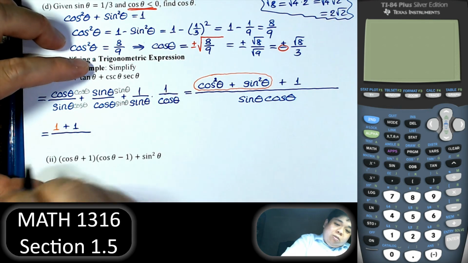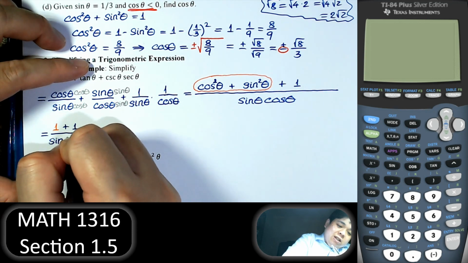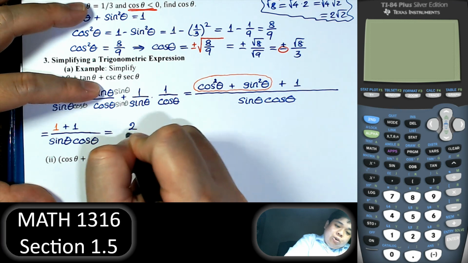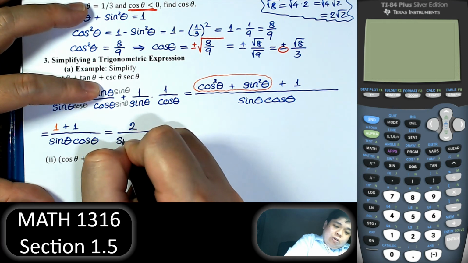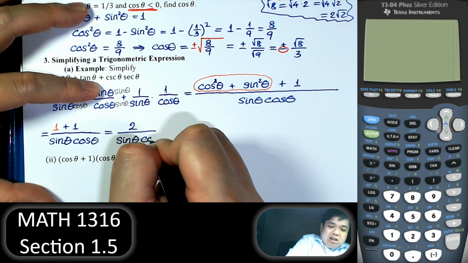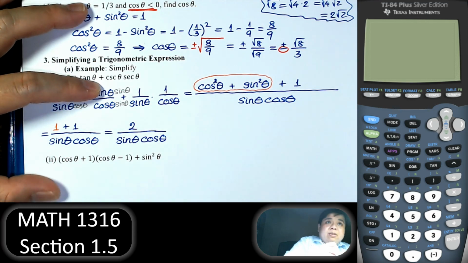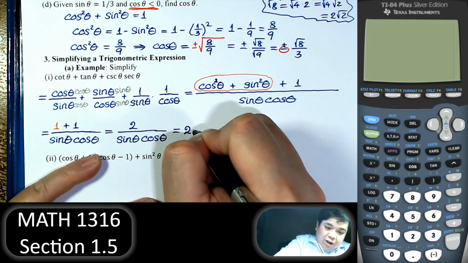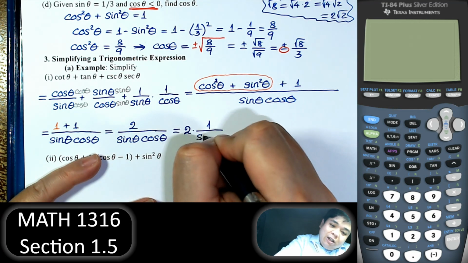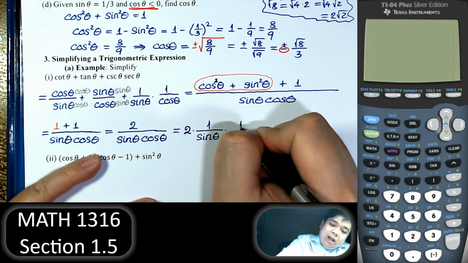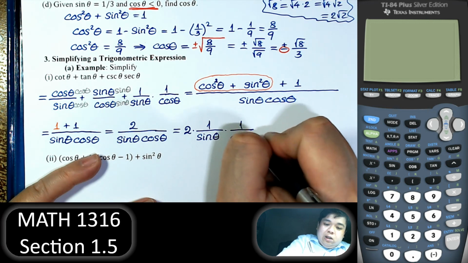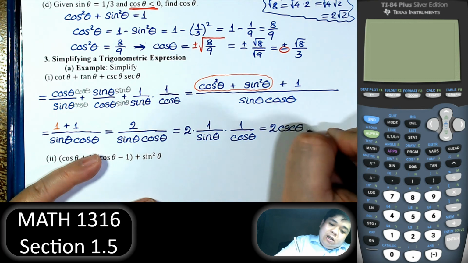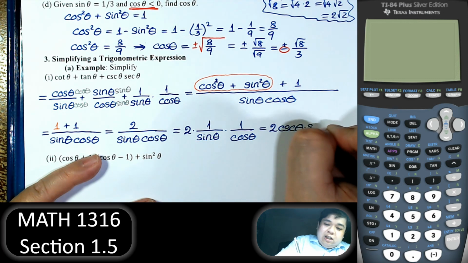So we have 1 plus 1 on the top, sine and cosine at the bottom. So that is 2 over sine cosine. And we can write this as 2 in front, 1 over sine, and 1 over cosine. 1 over sine is cosecant. 1 over cosine is secant.